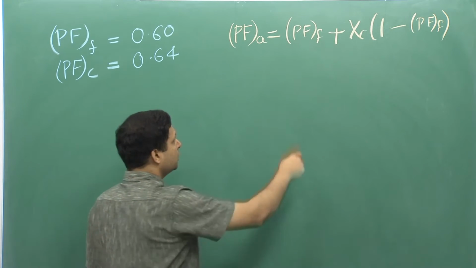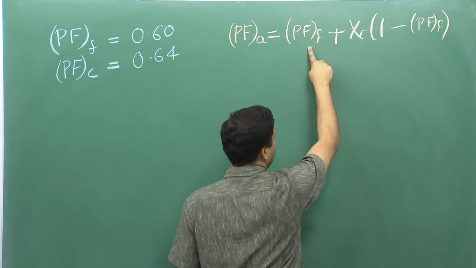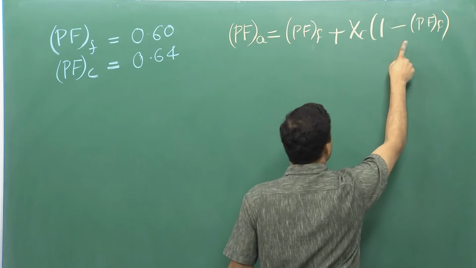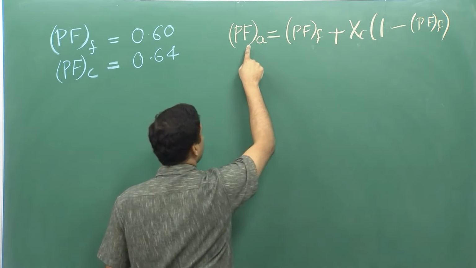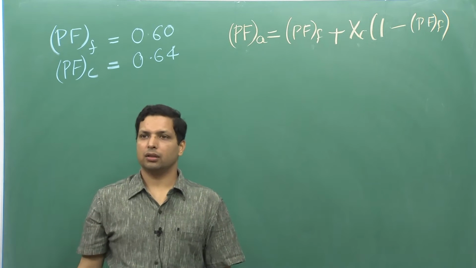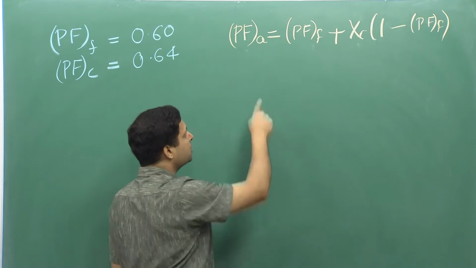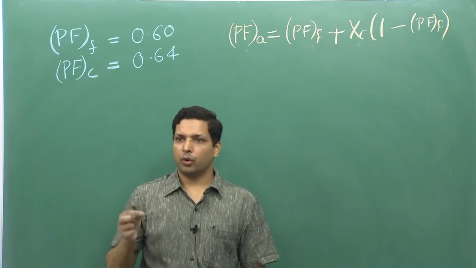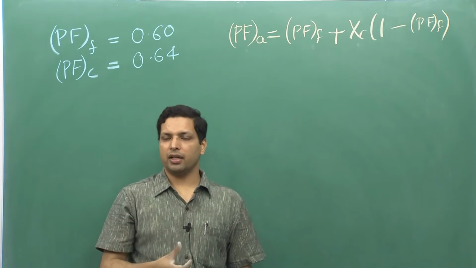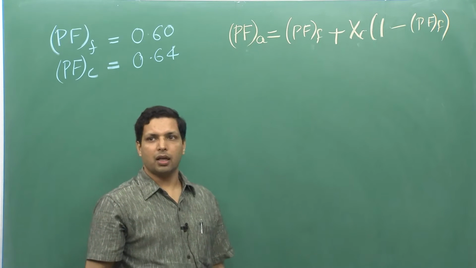Now, over here we know the packing fraction fine and we have to calculate XC, but what we do not know is packing fraction apparent or the effective. But what does this represent?